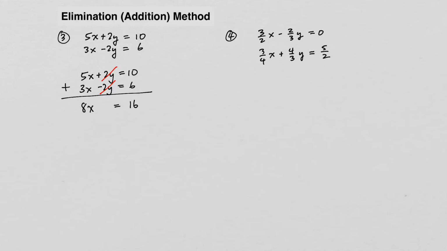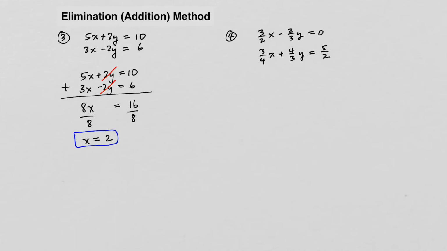And notice that we can now very easily solve for x by simply dividing both sides by 8. So when the elimination method is used on a problem where everything is already set up for you very nicely, it's a really efficient method.